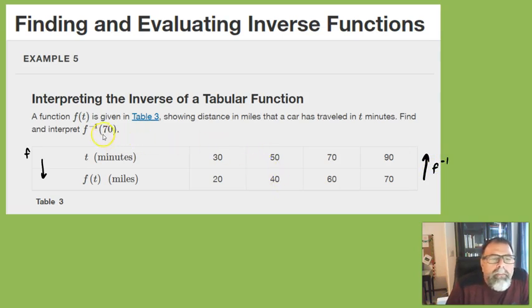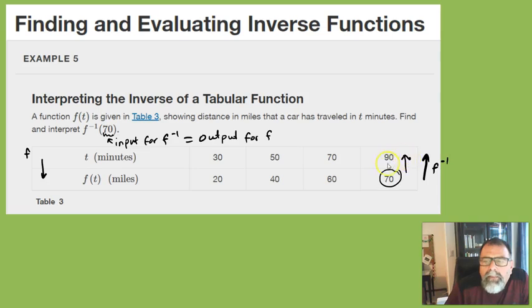Right? So the 70 in here, this is our input for f inverse, which is the output for f. So we want to find the output value for f, which is 70, and then it's going to give us f inverse of 70.